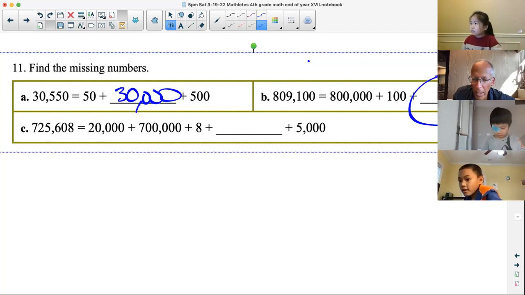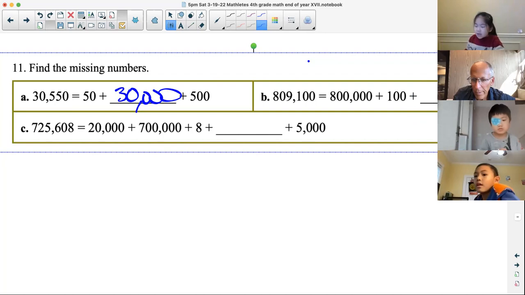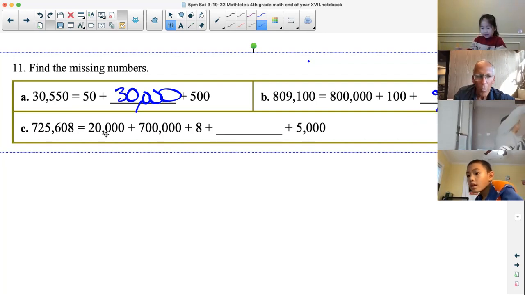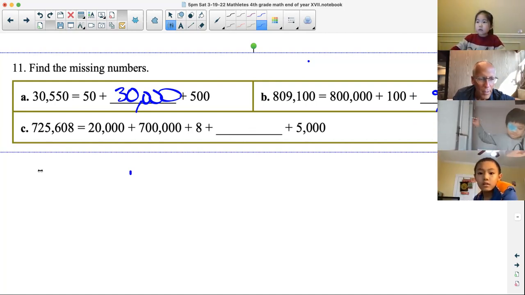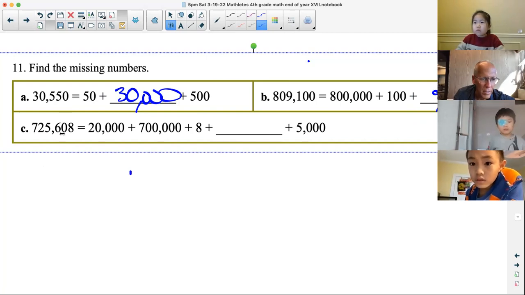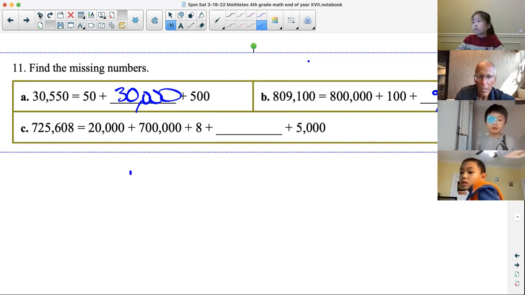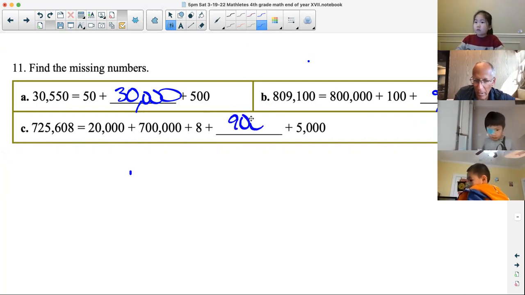What about the missing number here? Go, Eleanor. 9,000. What about the missing number here? Go ahead, Jason E. Come on, Jason E. 8 plus 900. You think that's 900?